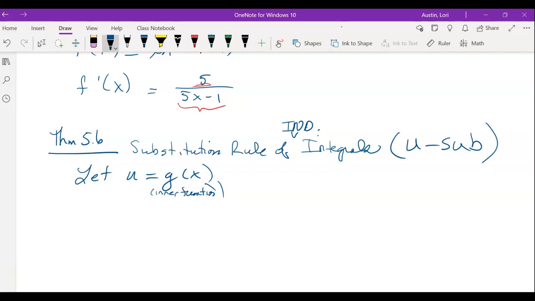Of course, we have to have, yes, the function g is differentiable. You got to have these assumptions. You don't need to worry about them when you're doing the problem, but when you're stating a theorem, you got to have them in there. On an interval. Remember, it's indefinite, so we're not using a's and b's.